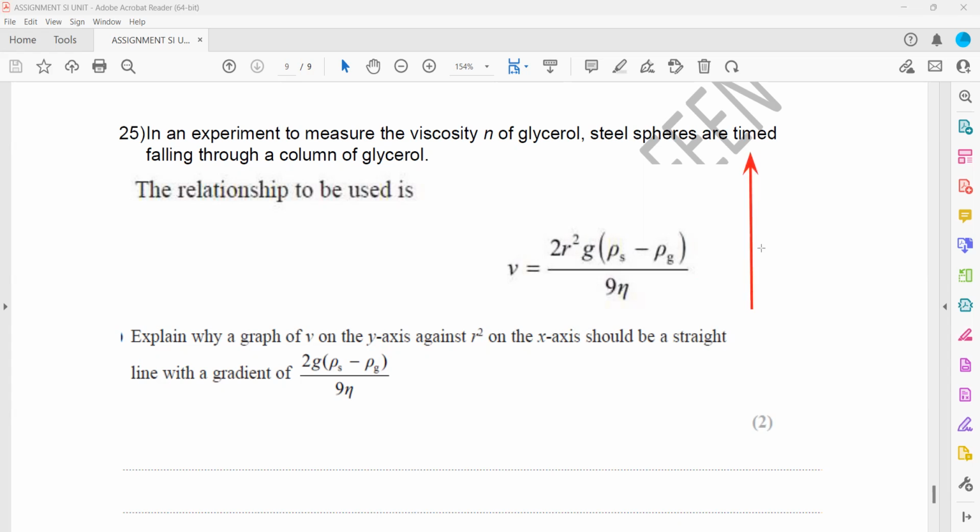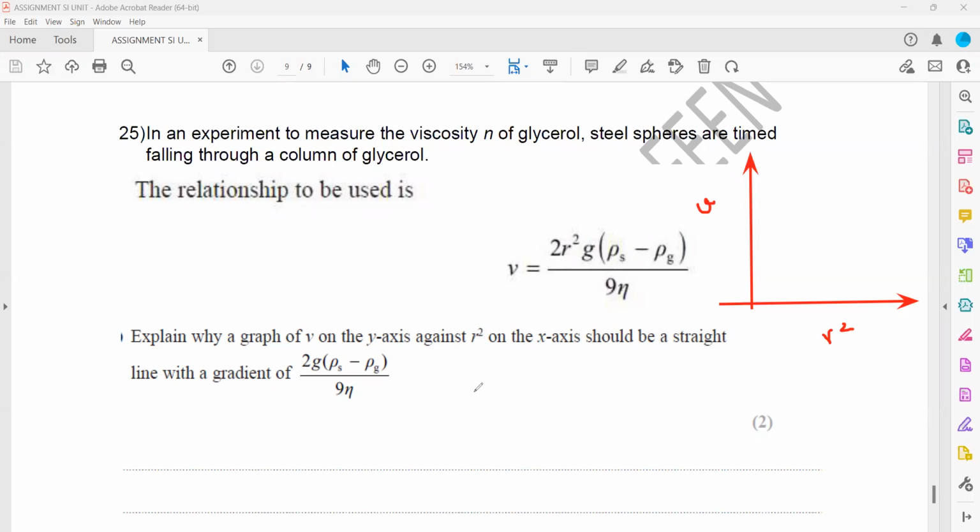So you have to show that the gradient is constant, because if the gradient is constant, it will always be a straight line. We are plotting v on the y-axis and r squared on the x-axis. So this is the original equation.